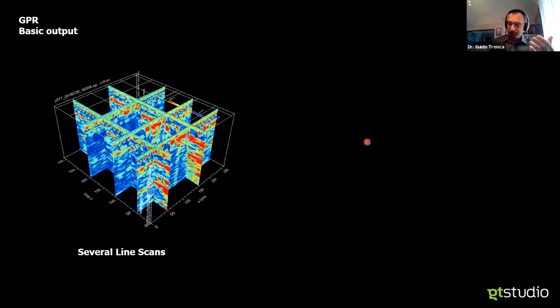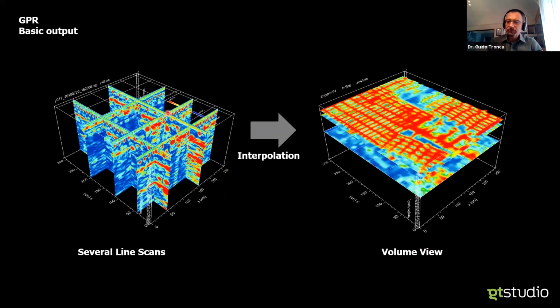But we can do much more than that. Let's assume that we measure a number of those scans, typically longitudinal, parallel, and orthogonal scans. If I process those data combined and I interpolate the empty spaces, then I can get to a full volume view, that is typically sliced in time.